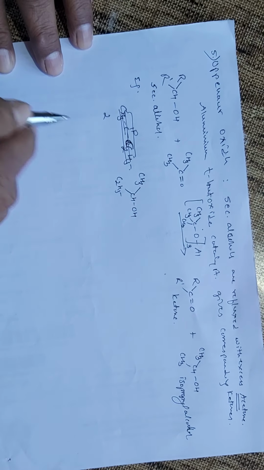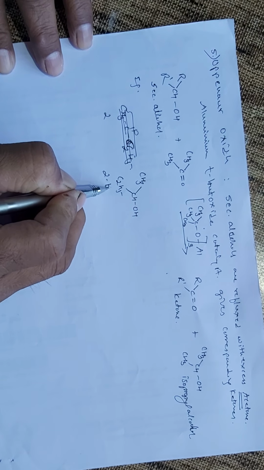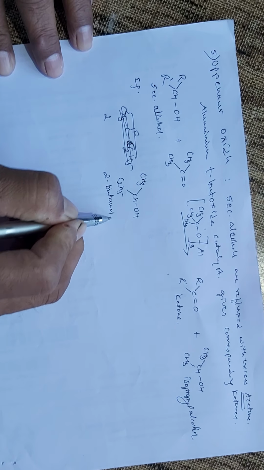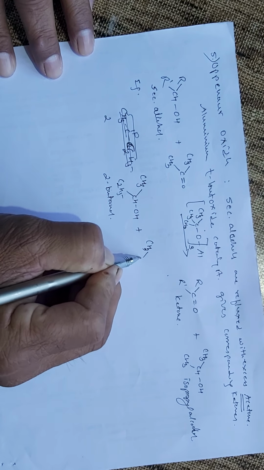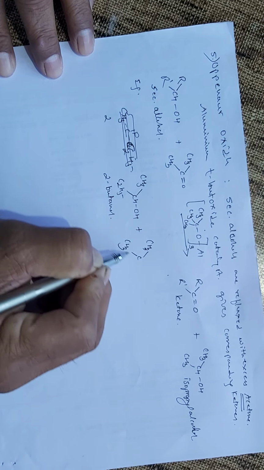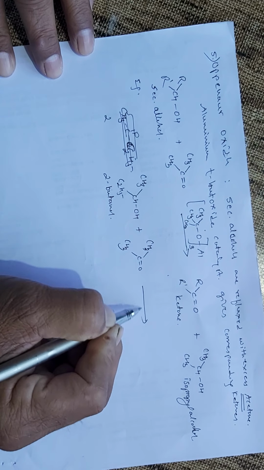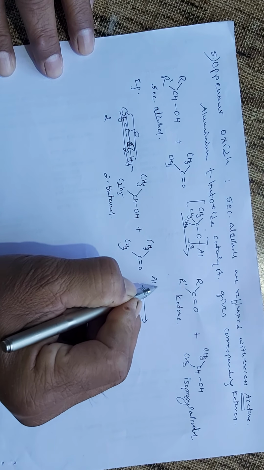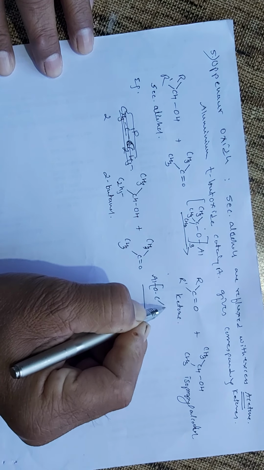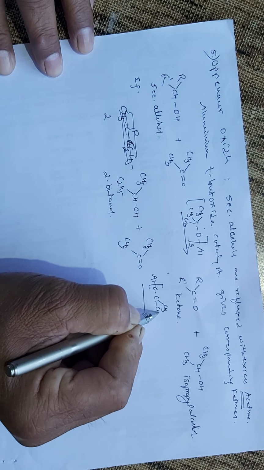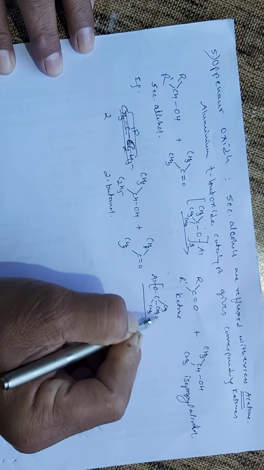Here there are 4 carbons, so it's 2-butanol. 2-butanol on treatment with acetone in presence of aluminium tertiary butoxide.